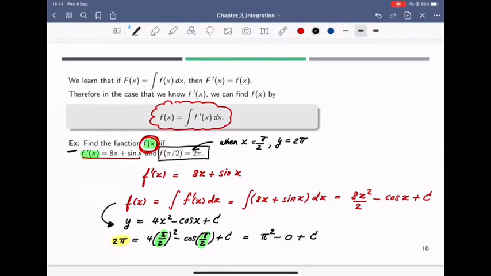So that means I can solve for c. c is going to be 2 pi minus pi squared. So my complete answer is going to be f of x equal to 4x squared minus cosine x plus 2 pi minus pi squared.